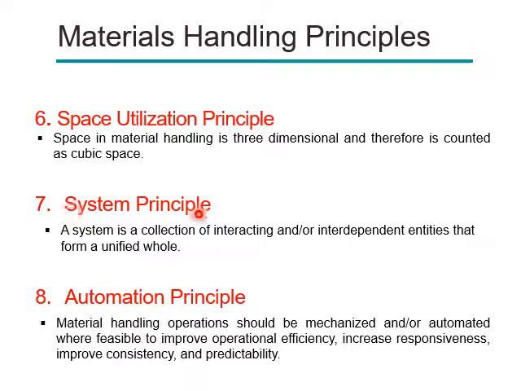The seventh principle is the system principle. What is a system? A system is a collection of smaller parts, smaller entities. They are interacting with each other, but they are independent entities.